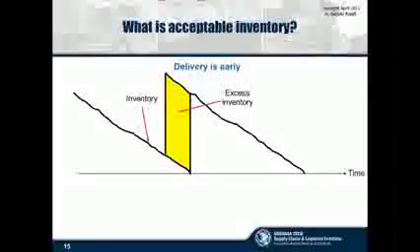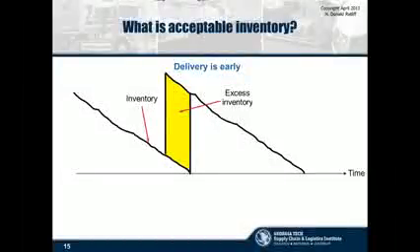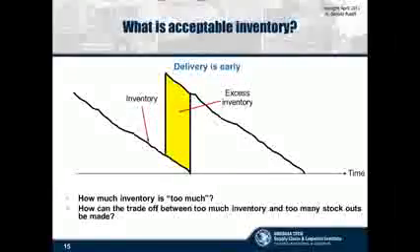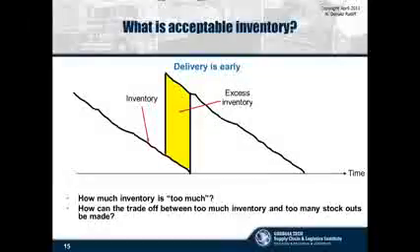It came in early. I've now got excess inventory. So what is too much excess inventory? How do I determine if my inventory is the right amount? The CFO always wants to cut inventory. Is that a reasonable thing to do? So a big question is, how much inventory is too much?